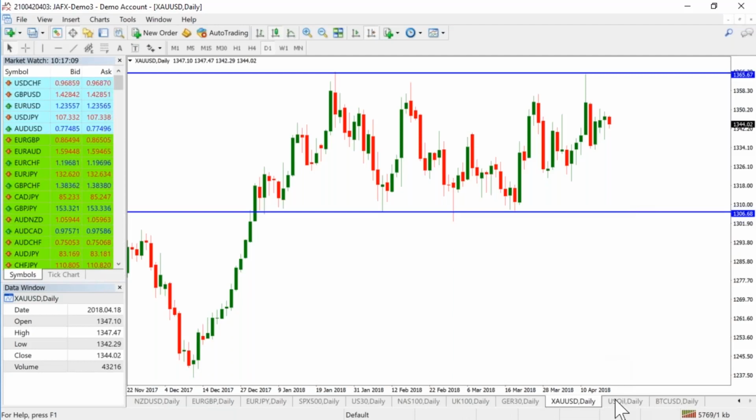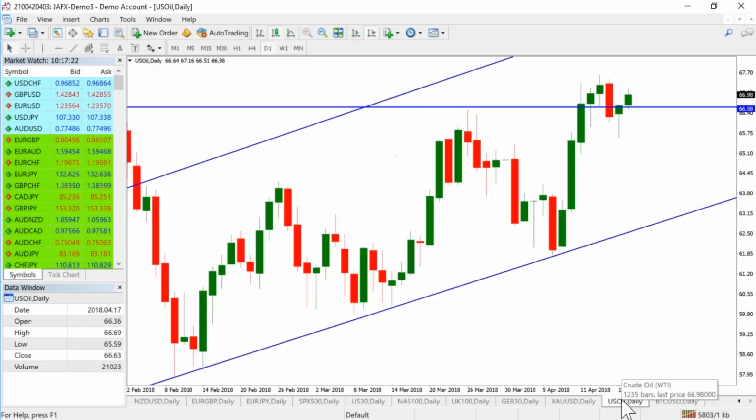Same with the US oil market, you can see that this market pulled back quite significantly. Yesterday's candlestick was bullish in the end, creating a little bit of a bullish setup for today, and you can see that continuation kick in over the course of today's trading.